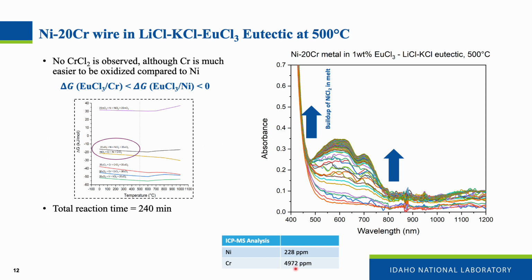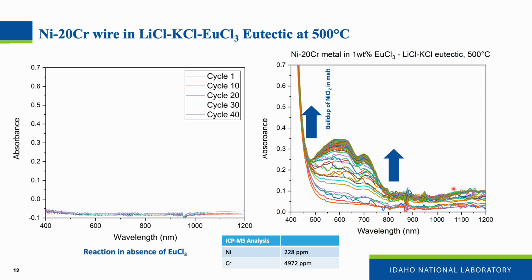It's actually much more than nickel, but the reason we don't see it spectroscopically is that chromium has very low molar absorptivity, which means we need a very high loading of chromium in the system to actually see it spectroscopically. So it's there, but we are not able to see it spectroscopically.